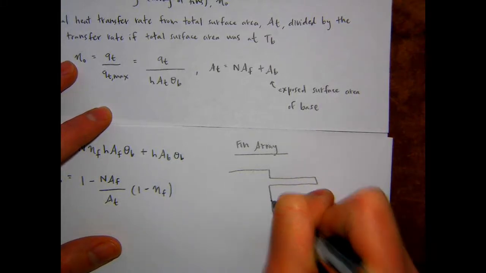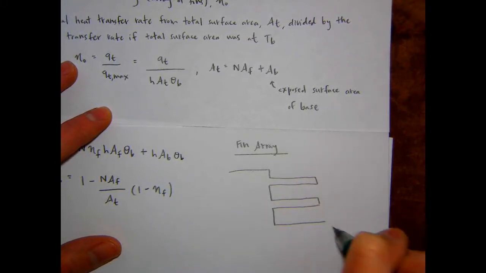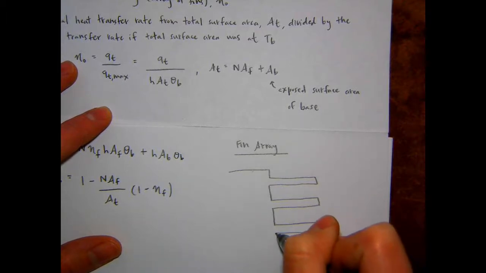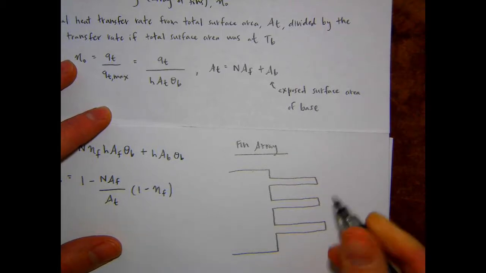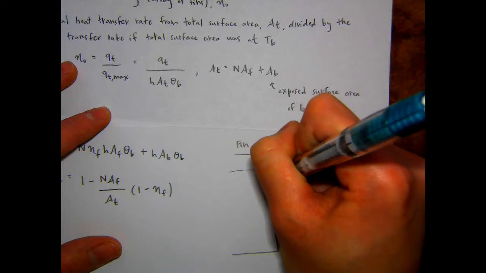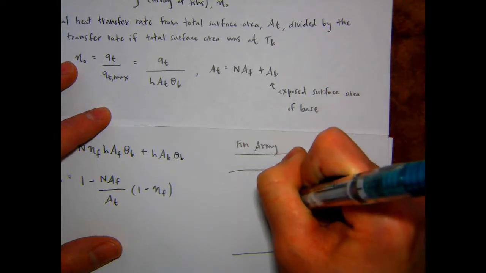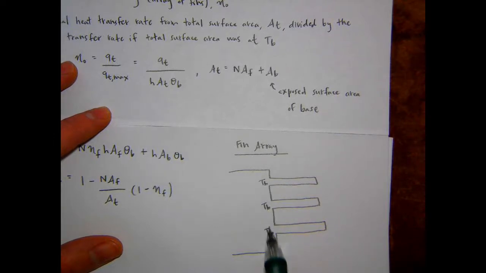Have 3 fins, 3 straight fins. The temperature at the base is going to be the same for all of the fins. So it's basically this temperature right along this surface at the base of the fins.